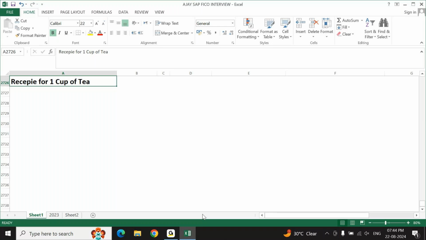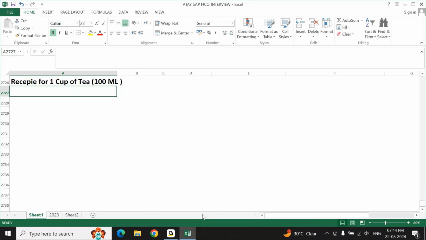Meaning, when I'm talking about recipe for 1 cup of tea, I need to make sure my instructions, everything will be strictly clear. Let's say, in brackets, 100 ml tea. In short, to make a 100 ml tea cup, what is required? Let's say you need milk, let's say 70 ml.